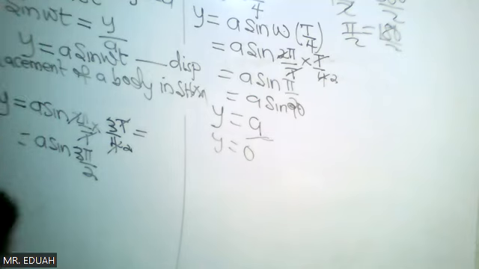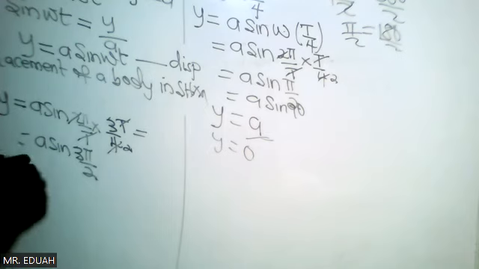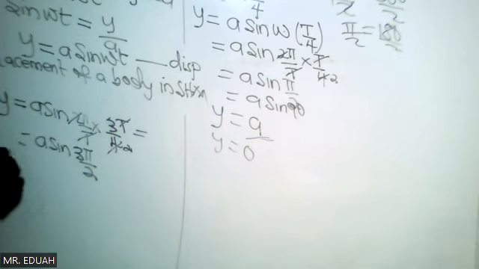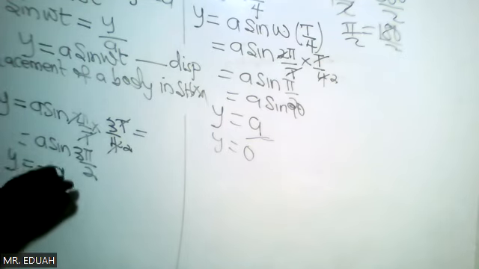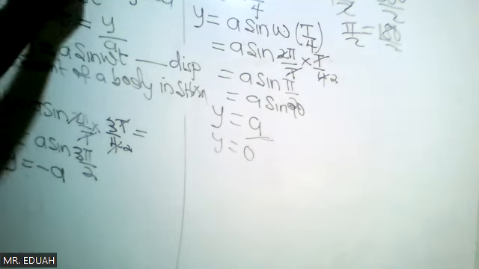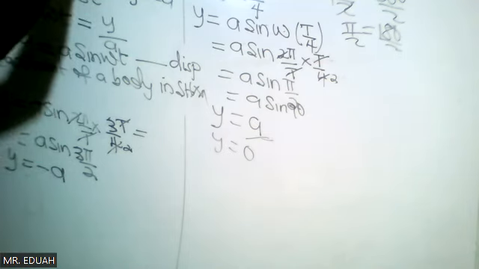Now, what is 3 pi on 2 in degrees? 270 degrees. So the sine of 270 is equal to -1. Therefore, displacement y is equal to negative A. So, confirming what I said, when it comes back, the displacement is equal to negative A, the negative of the amplitude. Then when it comes back again, displacement is 0.